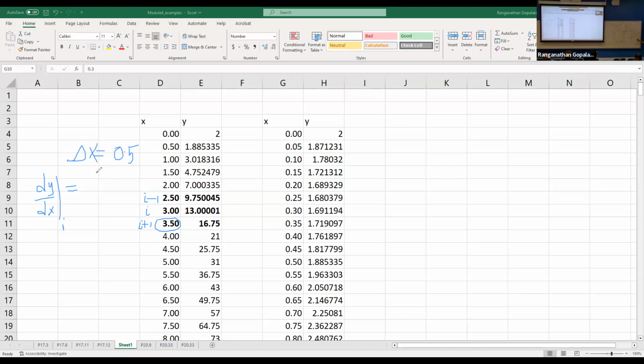So the next term will be d cube y over dx cube at i multiplied by delta x cube over 3 factorial, and I have to multiply it by 2 because there will be 1 in this row and 1 in this row, which will add up to give you that factor of 2.